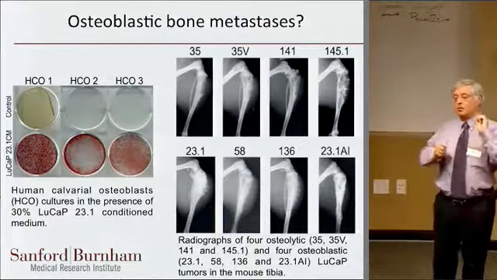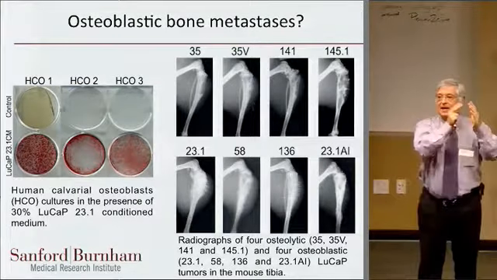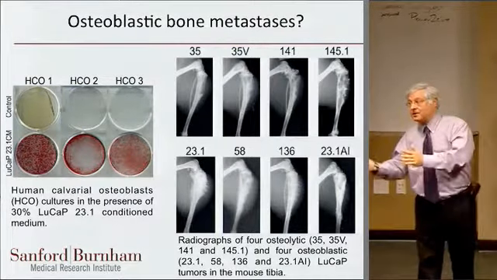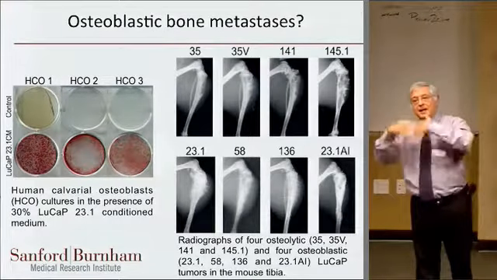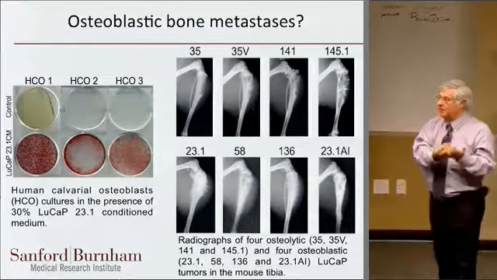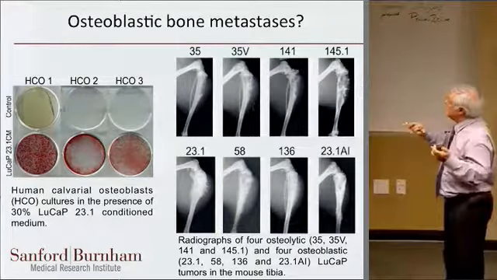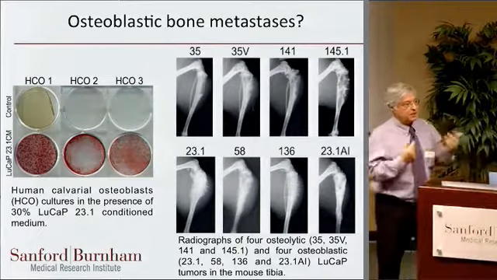Prostate cancer is one of those tumors that metastasizes to bone, promoting bone formation, in difference to breast cancer that tends to have osteoclastic bone formation, so it destroys bone. In the case of prostate cancer, you form bone, and this is what causes pain in prostate cancer patients. So this could be a treatment not of the cancer, but it could ameliorate the suffering of these patients because of tremendous pain.